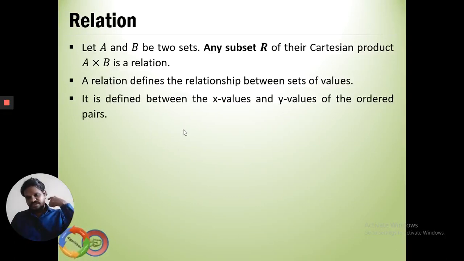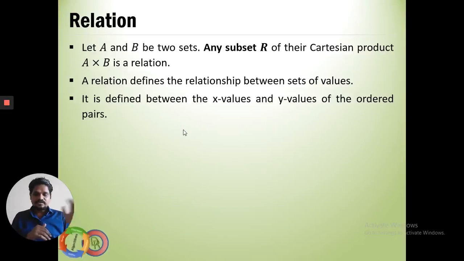In the Cartesian product, we are taking all the possibilities of the cross combination. In a relation, we are checking some of the mappings, some of the possibilities. That kind of thing we call a relation.